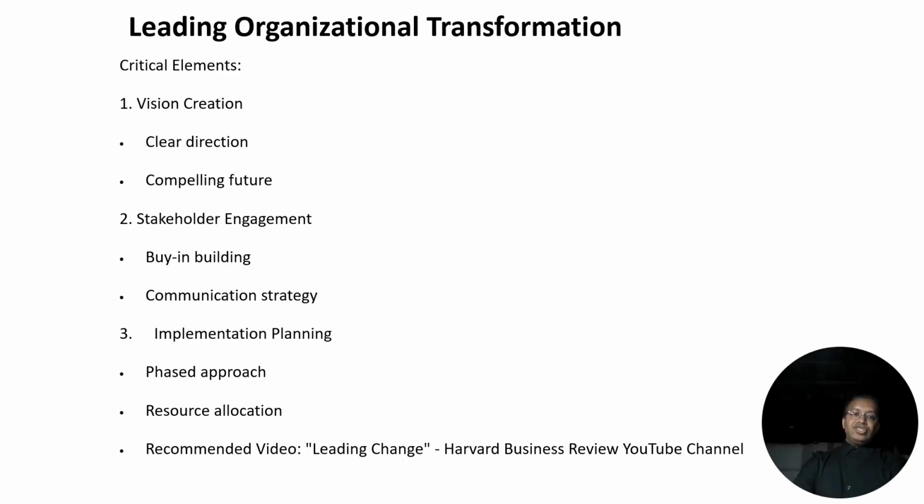So leading organizational transformation is extremely important for agile leaders, as we have always mentioned in prior modules as well. An agile leader is integral to creating a vision, brings in a clear sense of direction, and also makes sure that everybody in the organization understands a compelling future.